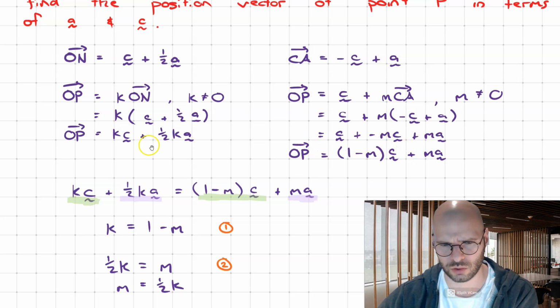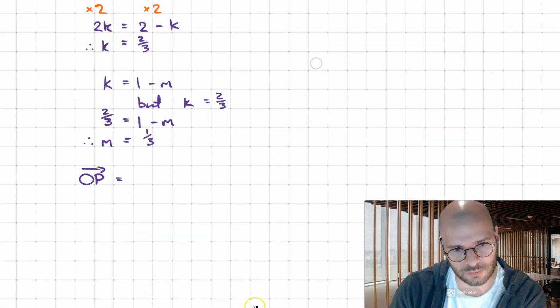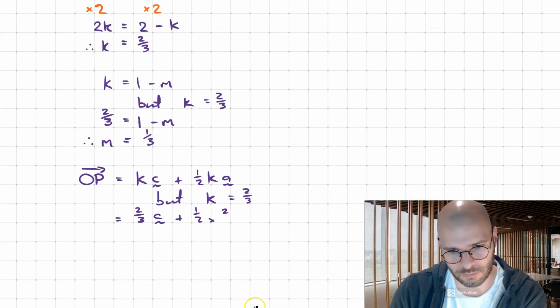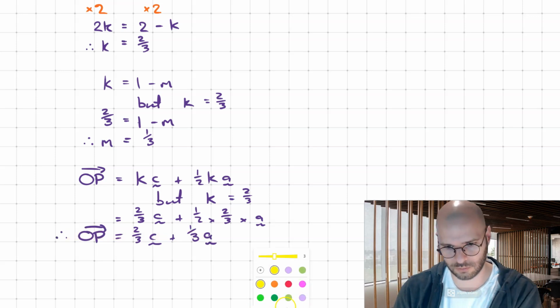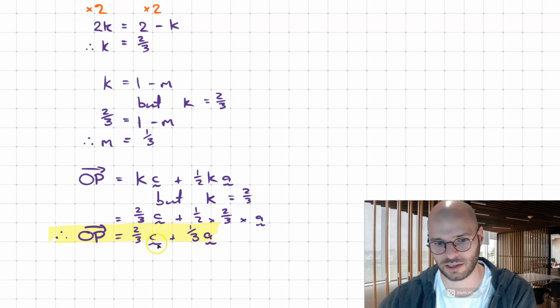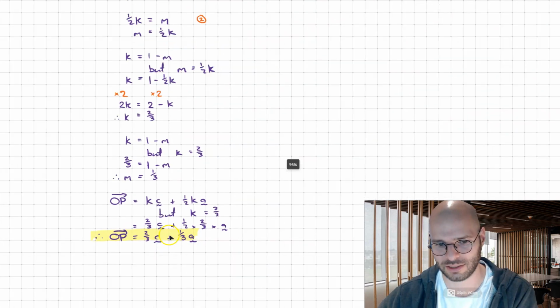I'm going to do this one, KC plus a half KA. And thus we arrive at the position vector that describes point P on this diagram up here.